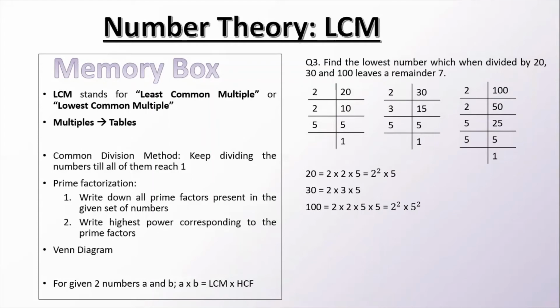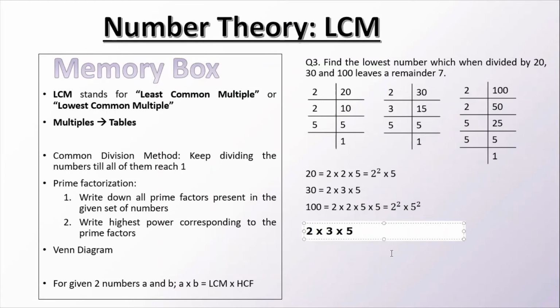Now the next step in the prime factorization method requires me to write down all the prime factors present in the given set of numbers, which includes 2, 3 and 5. So simply put, I can write down as 2 into 3 into 5.